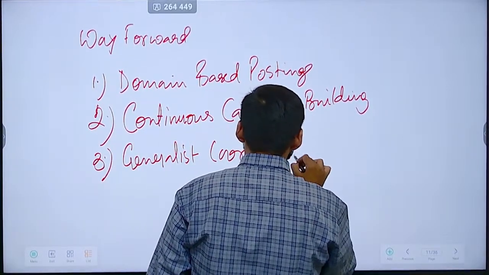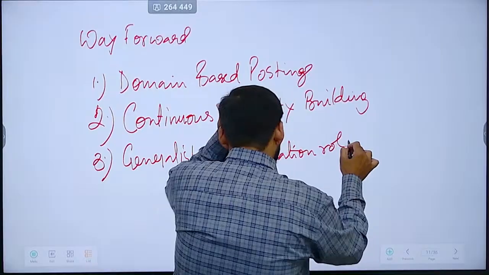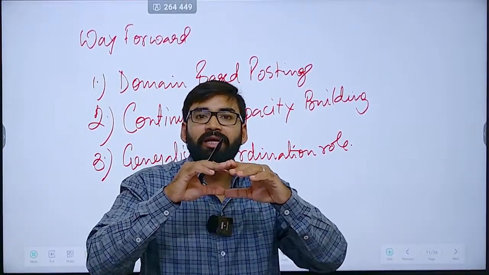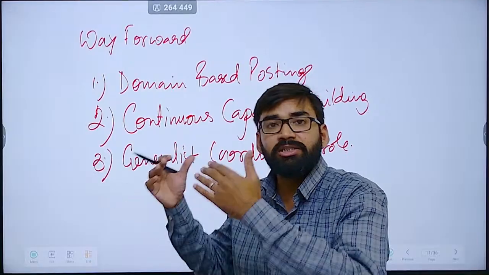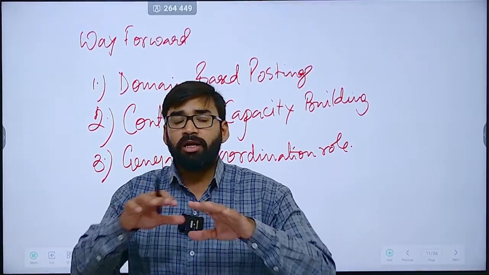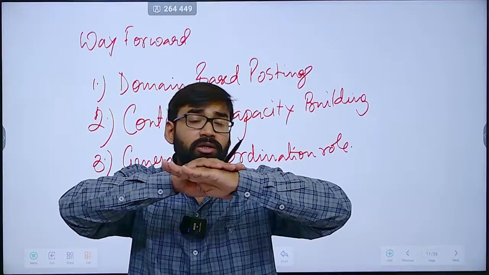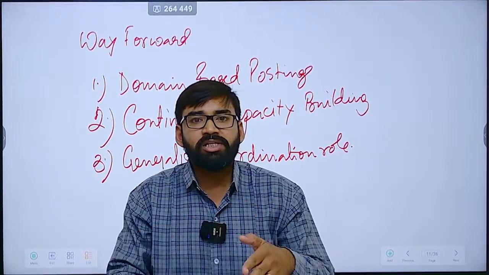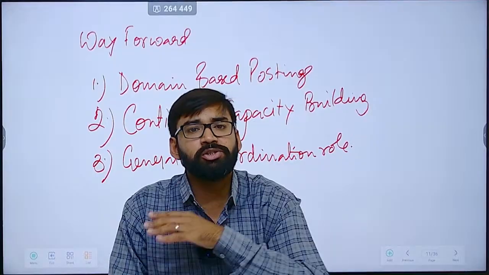Why is it important? Contemporary governance requires generalists with specialized competence also. Fine. There is no choice between the two. They have to work together. Continuous capacity building should be there, coordination should be there.